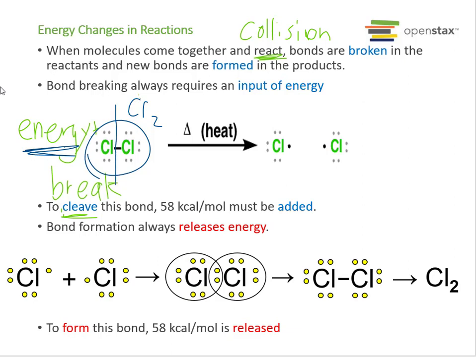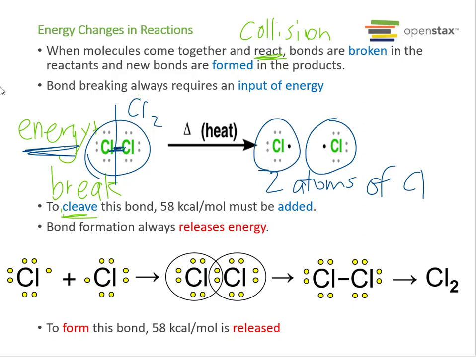We know chlorine has 7 valence electrons. This chlorine has 1 on the left, 1 on the right, so it forms that bond right there. But when it cleaves, I have 2 atoms of chlorine that are now separated, and each took its electron back. This one has 7 and this one has 7.